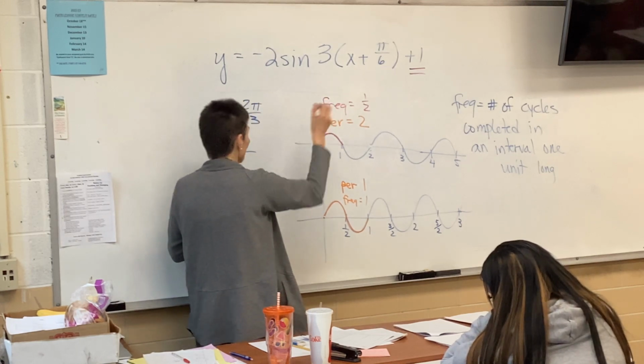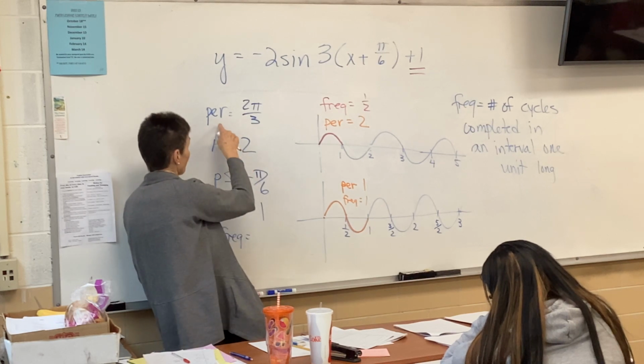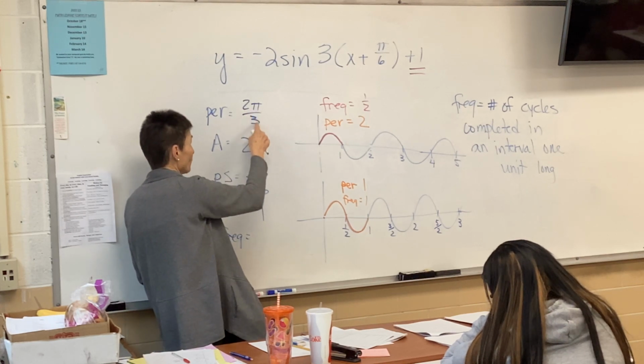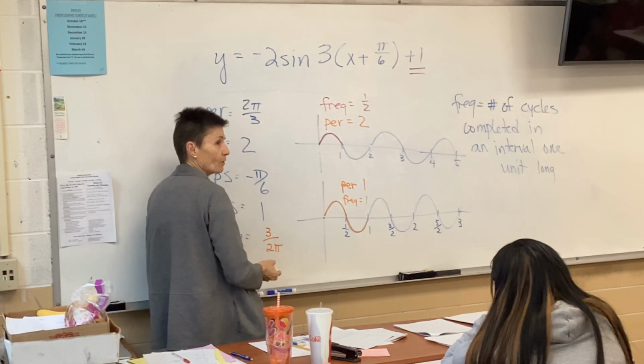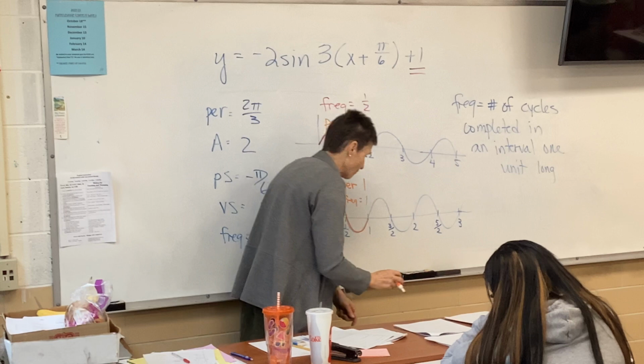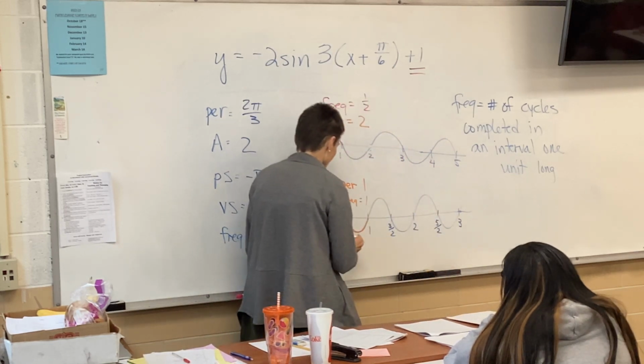So frequency and period are reciprocals. If your period was 2 pi over 3, then your frequency is simply 3 over 2 pi. Frequency and period are reciprocals.